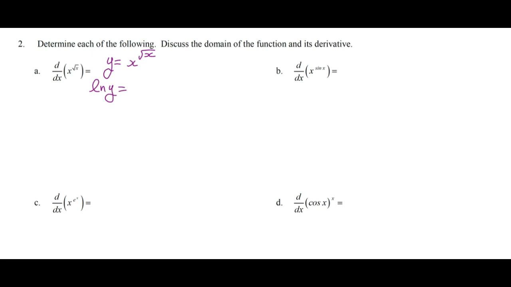So ln y is equal to what? What am I going to write? Root x ln x, right? Okay, so if I'm doing the ln on both sides, you can write ln x to the root x, but you can also just write root x ln x. Okay, and now it's just products and chains and stuff, so we got a 1 over y, y prime equals, and we do the derivative of this, so we've got root x times 1 over x plus ln x times, so that's x to the half, so 1 over 2 root x.